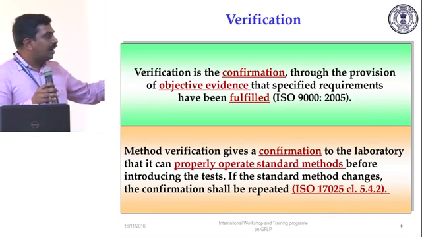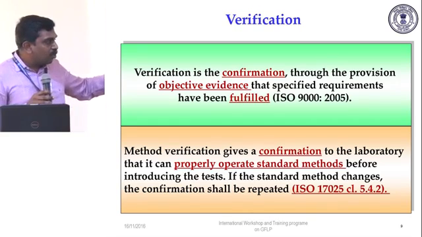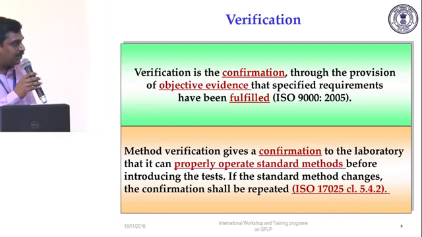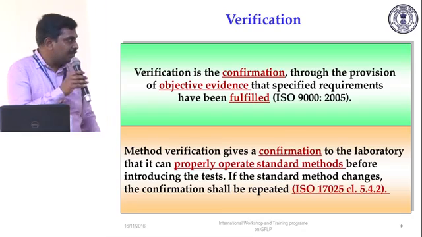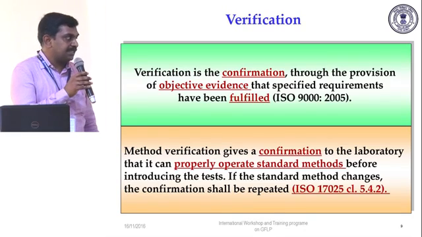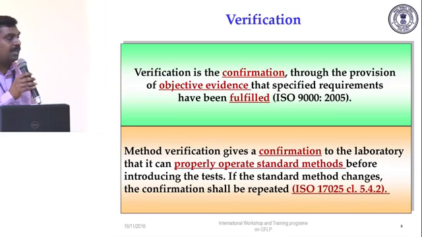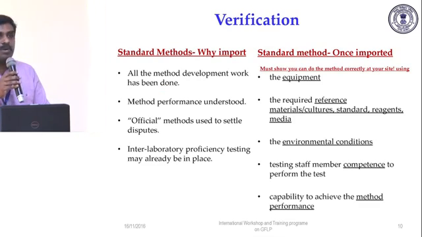The standard gives a more precise definition. Method verification gives confirmation to the laboratory that it can properly operate standard methods before introducing the test. And if the standard method changes, the confirmation shall be repeated. This is written in ISO/IEC 17025 clause 5.4.2.